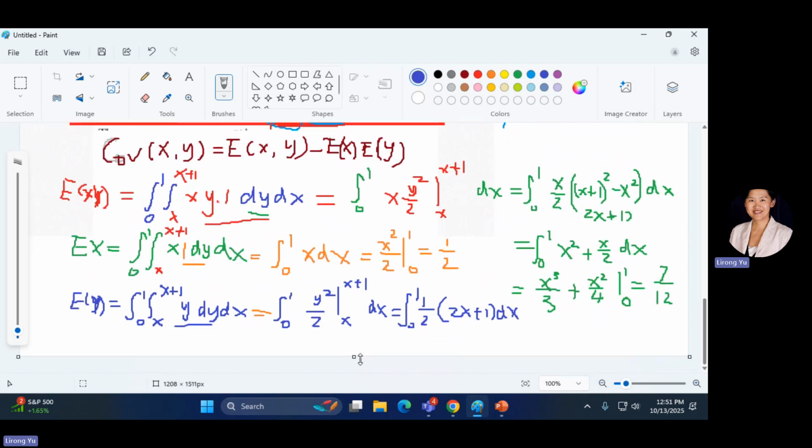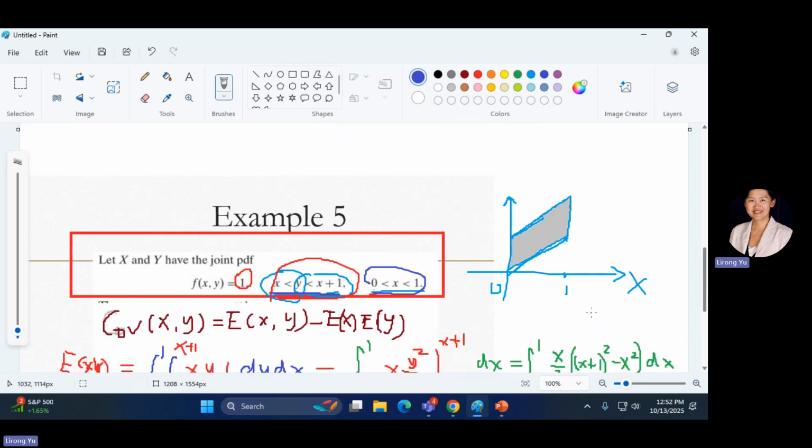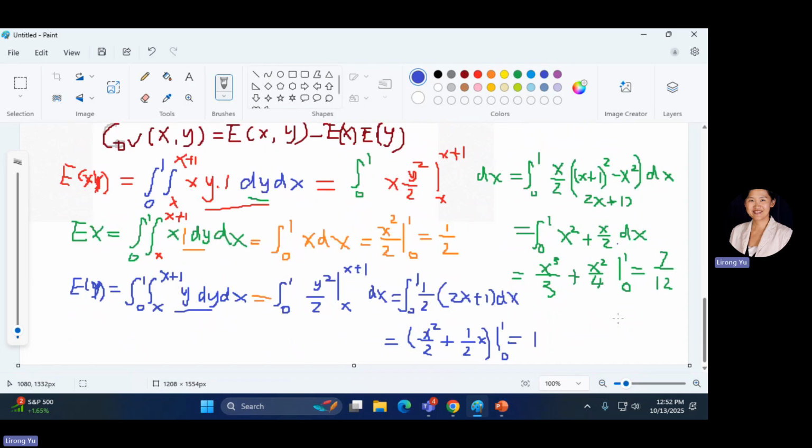Right, this integrated: 1/2 times 2x is x. The antiderivative for x is x squared over 2. And then 1/2 times 1 is 1/2. The antiderivative of 1/2 is 1/2 x. Right, and then we evaluate this from 0 to 1. And plug in 1, we have 1. So the mean value for y would be 1, right? Right in the middle, it's 1. There we have it. Any question?